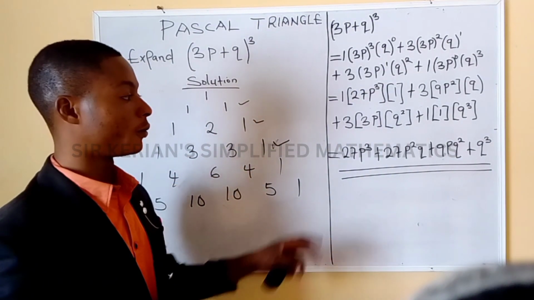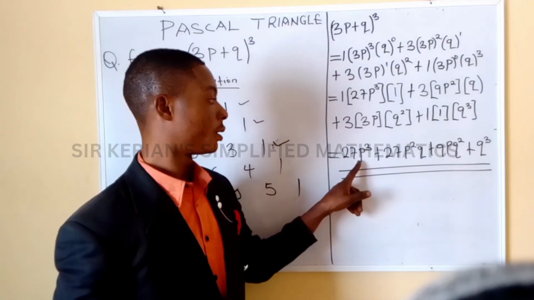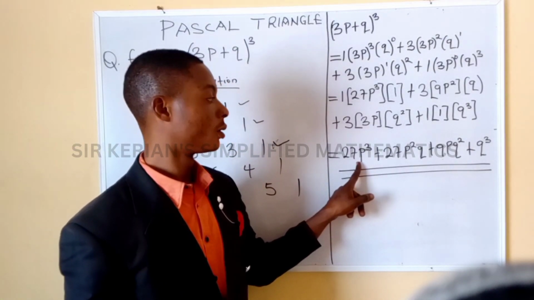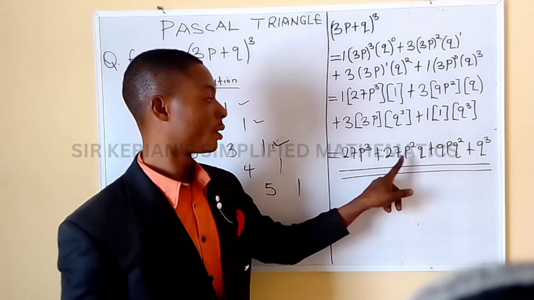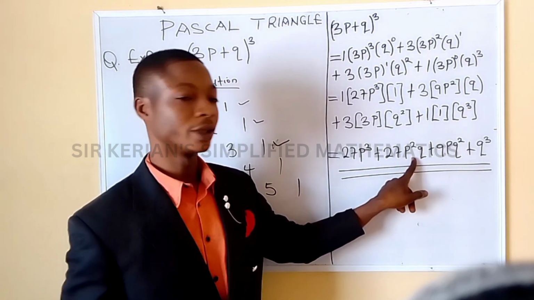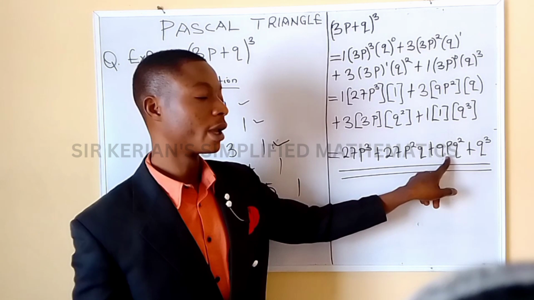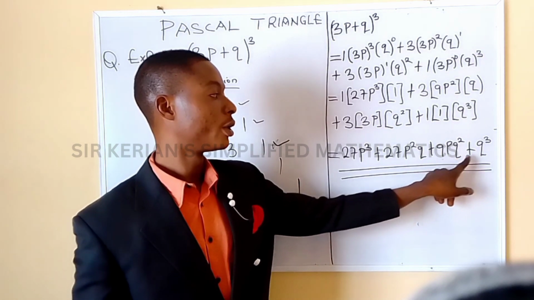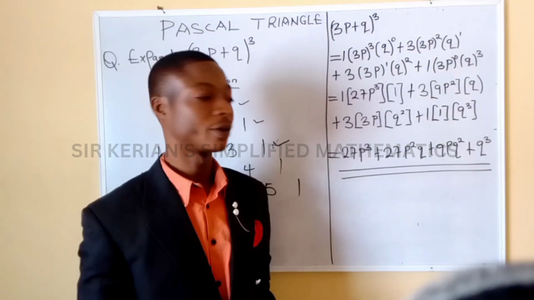Observe it very well. If you look at what we have done here, p is 3, q is 0. Here p became 2, q is 1. p became 1, q is 2. p became 0, q is 3.